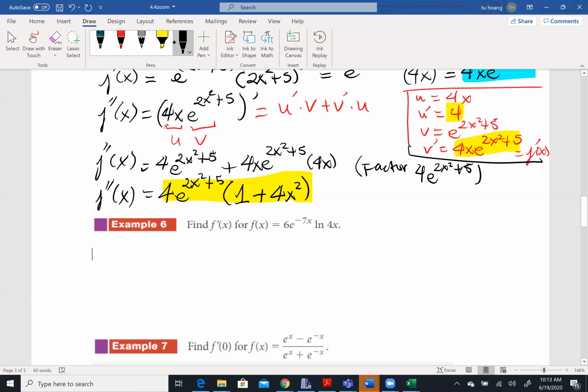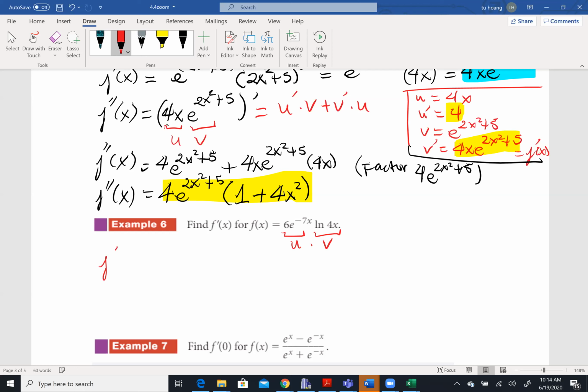So in example 6, you are having m(x) equal to 6 times e to the negative 7x multiplied with ln of 4x. When you look globally, you have two kinds of function here: the natural exponential function, and the natural log function. So it's going to look like a product rule between these two functions.